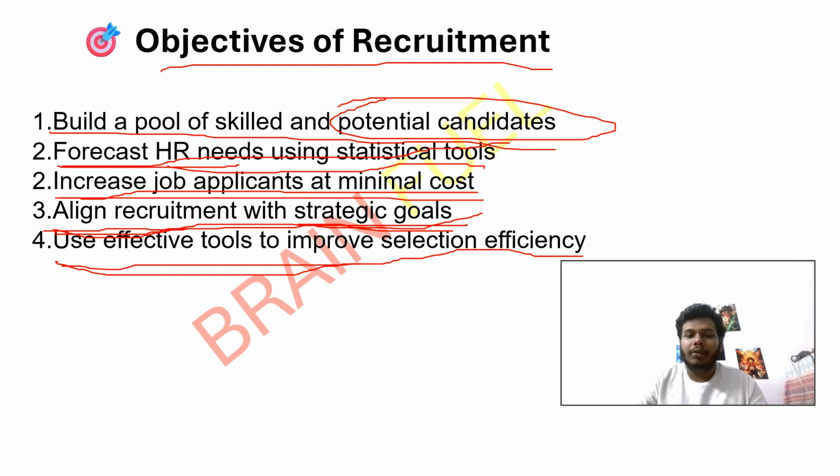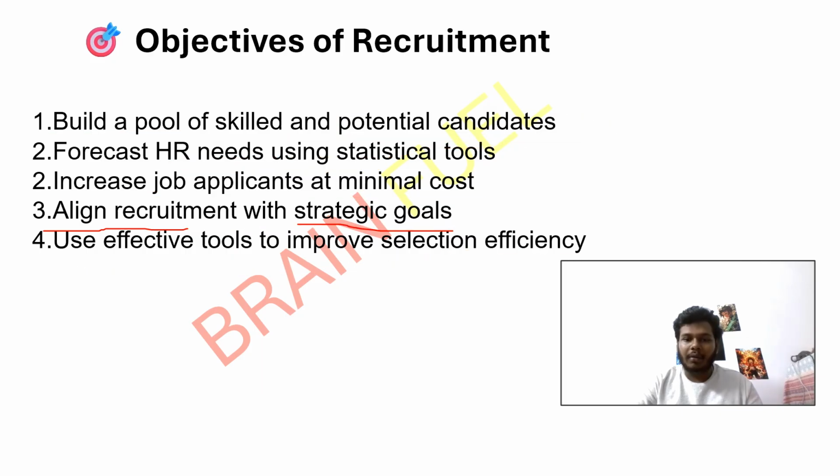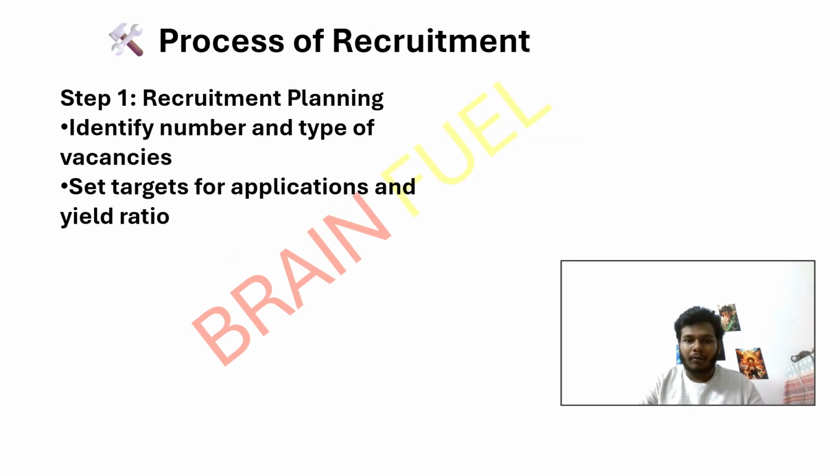So, what tools will you use to improve selection efficiency to hire BTech people or the people who have done coding? In the trending, you can use AI, to eliminate the fake people who don't have any experience in C++ coding or Java or any BTech.